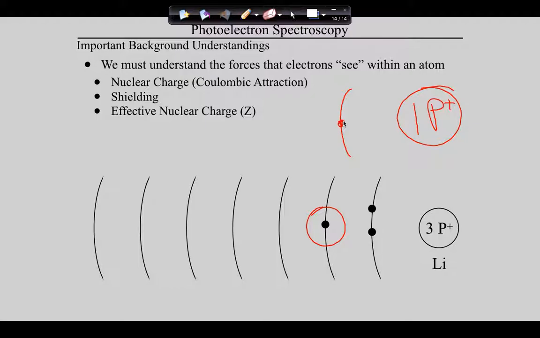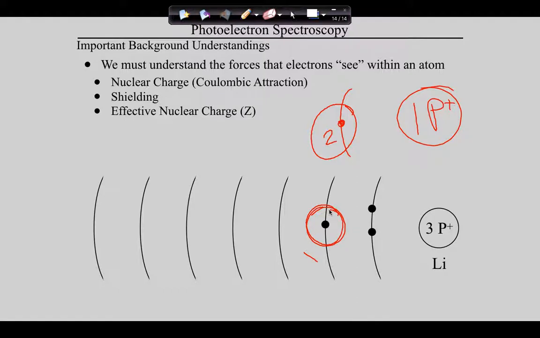Or I'm sorry, stop. The electron in hydrogen or the electron in lithium? 1 or 2? Which one's harder to remove? 1. Hold on, just listen guys, this is critical. This electron in hydrogen is more tightly bound than this electron in lithium.